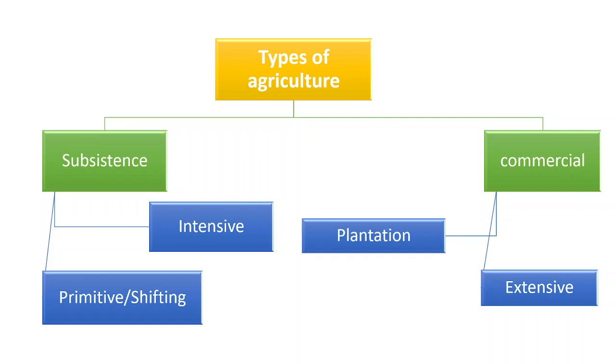There is a use of heavy machinery in extensive farming, while plantation farming does not grow food grains. It grows one particular type of crop, which includes tea, coffee, etc. Suitable geographical conditions are required for plantation type of commercial farming.